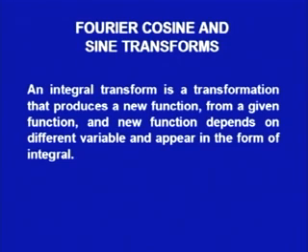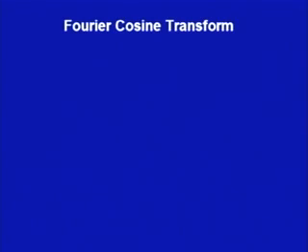You had already done one transform, called the Laplace transform. Here we are moving to the Fourier cosine and sine transforms. First, let us see the Fourier cosine transform. We want the function to be represented as the integral of something, and that should come out as another function in another variable.